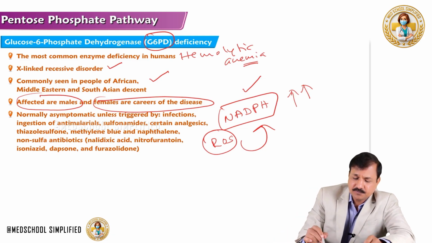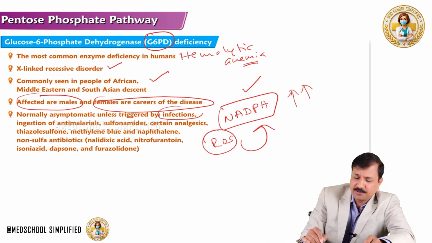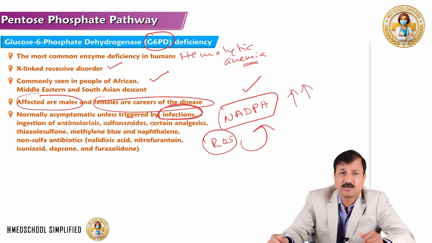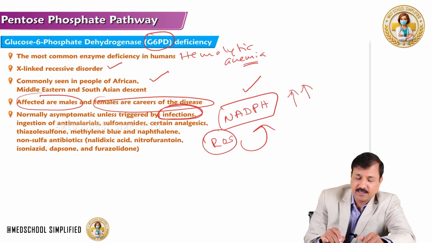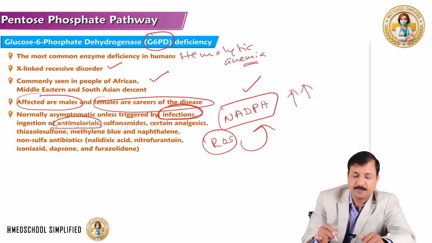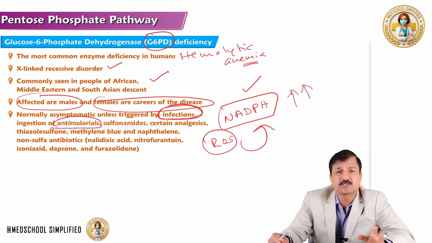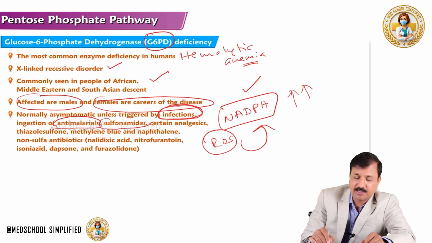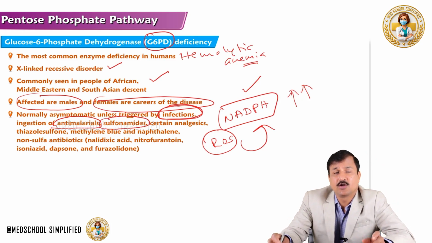And that is, if a person with G6PD deficiency suffers from any infection, that will trigger the condition, or if they are taking anti-malarial drugs like primaquine, pamaquine, this kind of anti-malarial drugs may also trigger the disease, making a patient symptomatic. Sulfonamides like sulfamethoxazole will also trigger the disease.